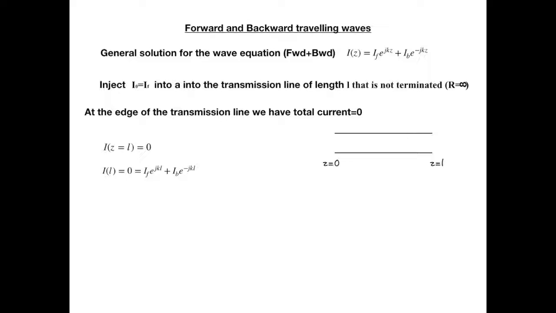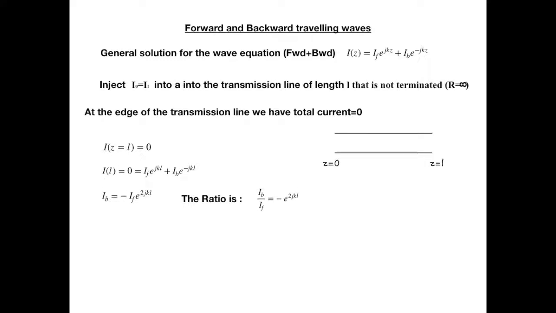At the edge of the transmission line, we would have a total current of 0, of course, because the current cannot get out of this transmission line. This means that the forward current and the backward current must be identical in magnitude and cancel. The current at z equals L is 0, so we get this formula for the current over here. Just substitute L for z.